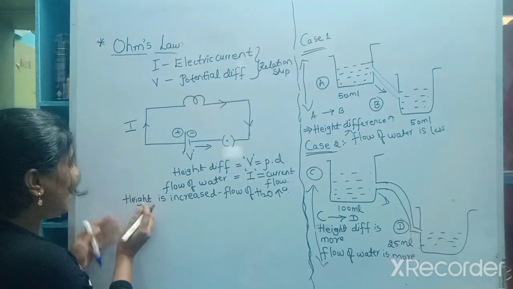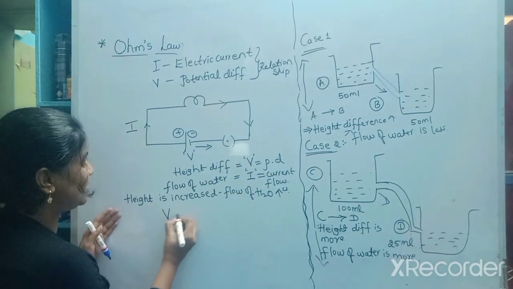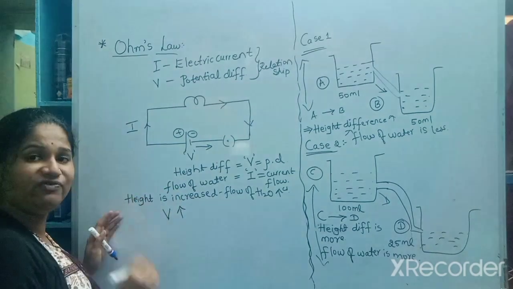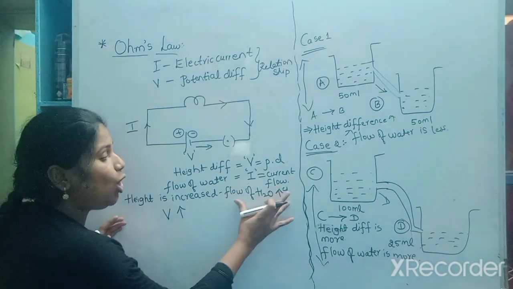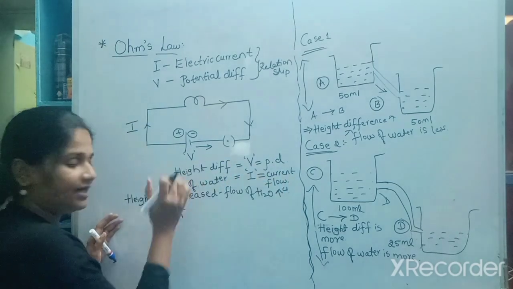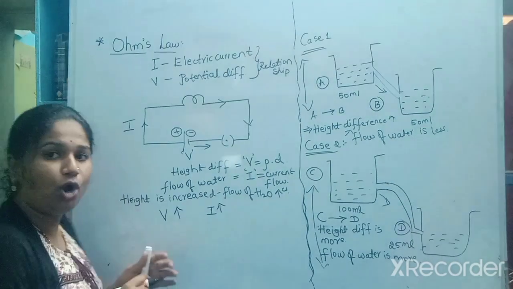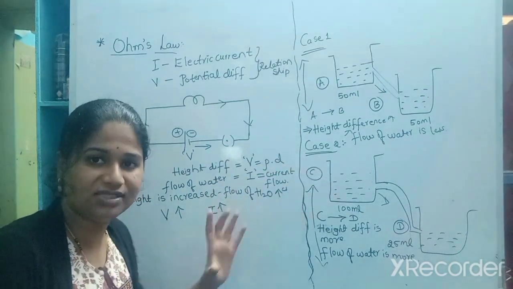Now height is related to what? We took height as potential difference. So if potential difference increases, the flow of current, which is related to the flow of water, also increases. Okay, that is how I related both the concepts.